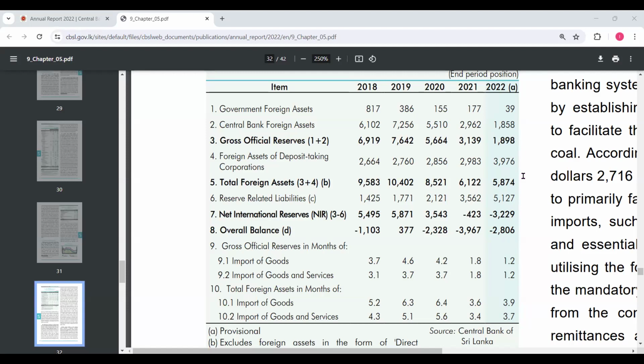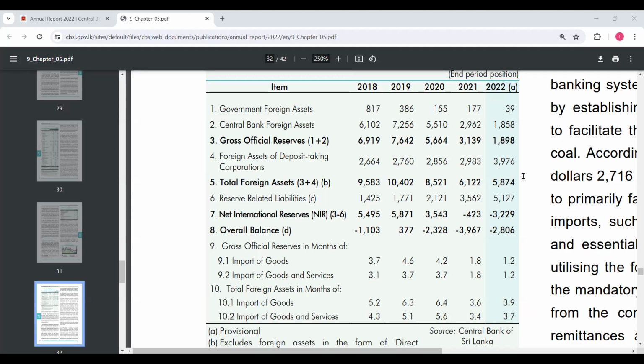What you guys have to know is, apart from 2019, we have persistently had a BOP overall balance deficit, and in 2021, then 2022. Can you see what has happened to our foreign reserves? In 2018, our net position was 5,495.